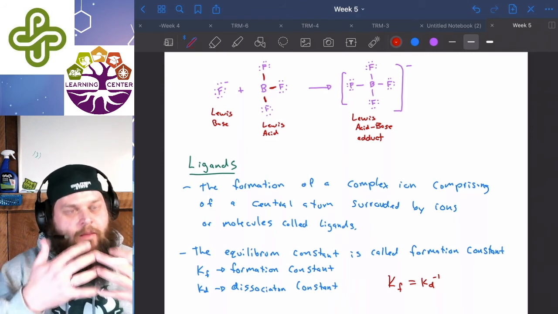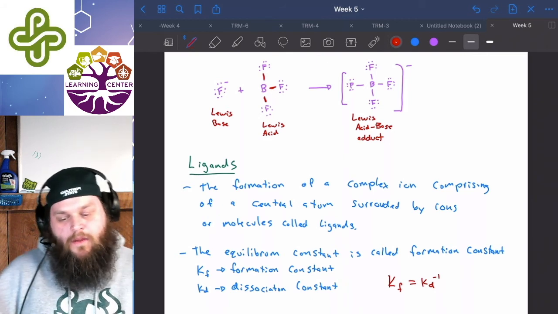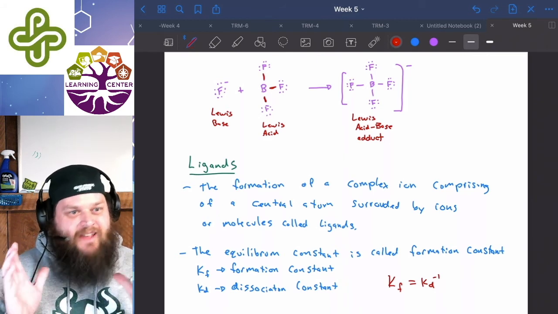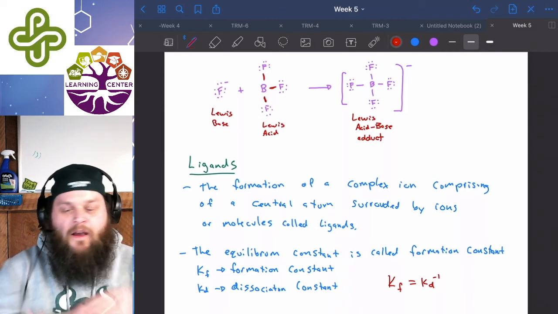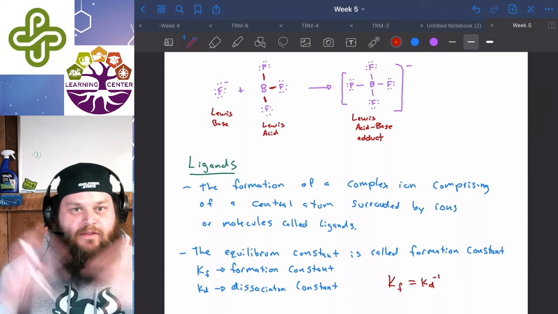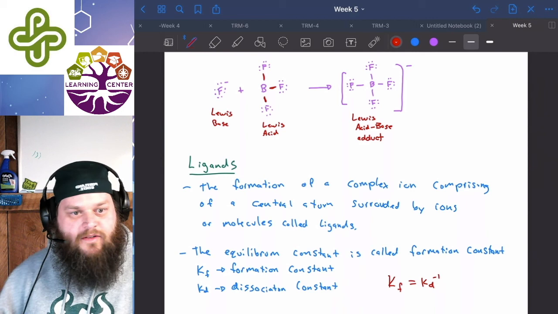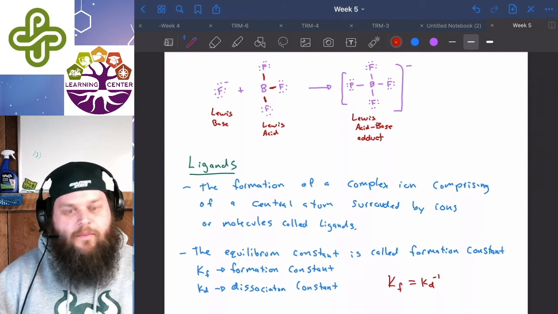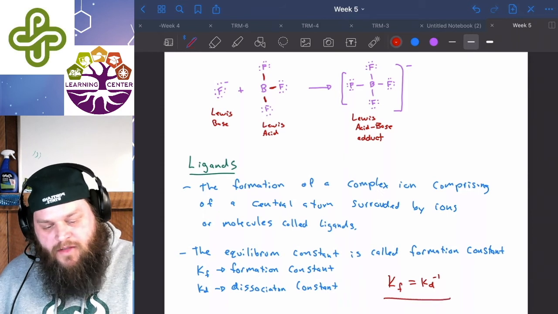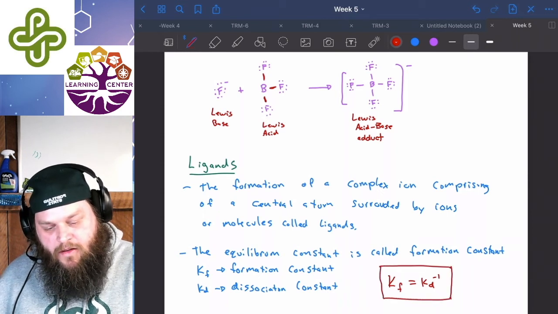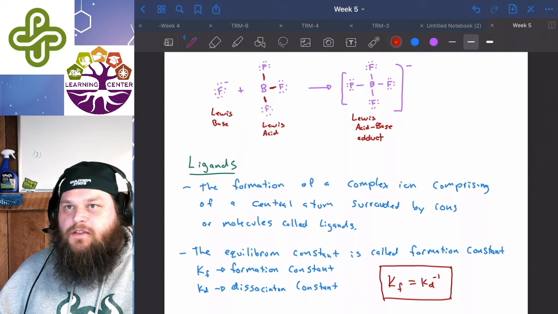So we'd have this complex divided by the two ions dissociated. Or in the dissociation, you take that same balanced chemical equation, we flip it around, and now we have the dissociation as the product and the complex ion on the bottom of that reaction. So that gives us this relationship between the K of formation and the K of dissociation.